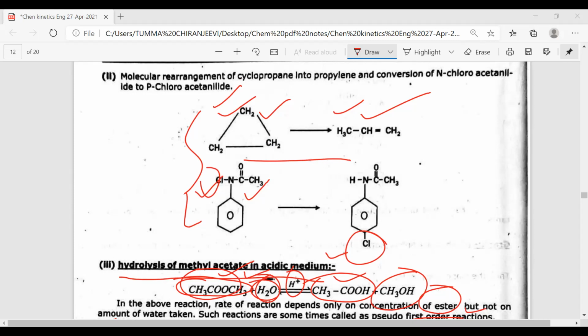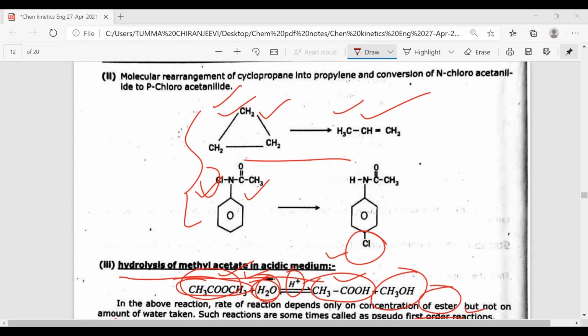Initially, the time here is 0. What is the volume of KMnO4 required?